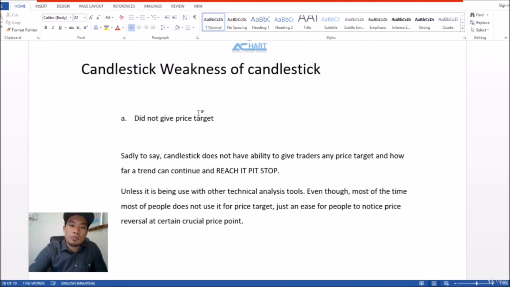We are interested in letting our profit run, and if we want to do that, we have to see the bigger picture, whether it's going upward or downward. If we cannot predict that, we might get trapped in a market movement.